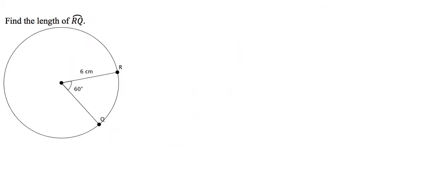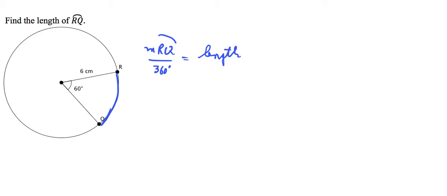Here I have an example, and we want to find the length of arc RQ. Arc RQ is this blue arc right there. We use what we had before: the measure of the arc, in this case RQ, over 360 degrees is equal to the length of arc RQ over the circumference.